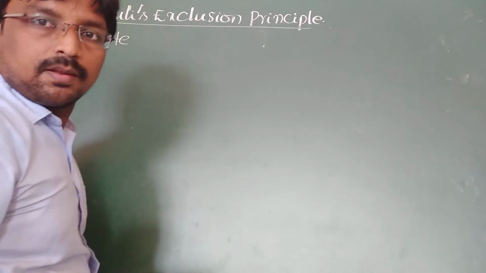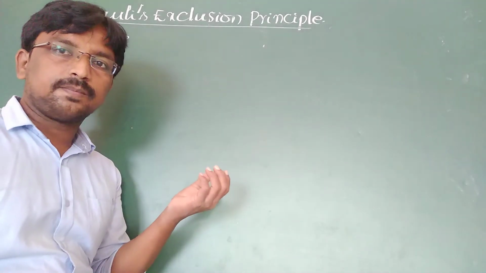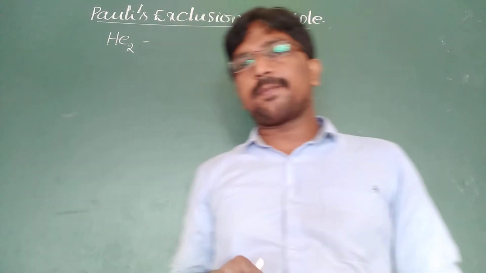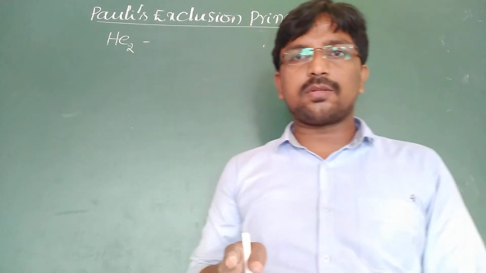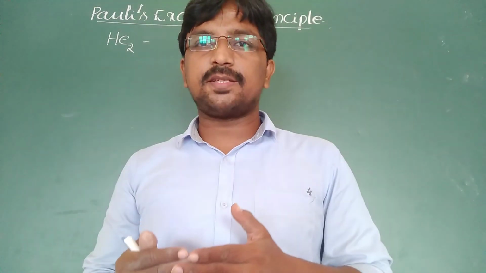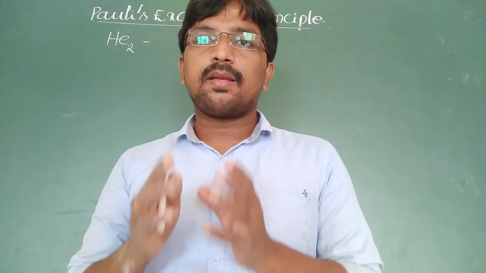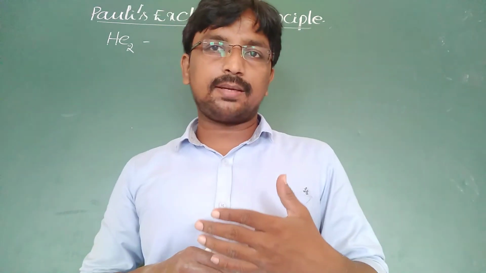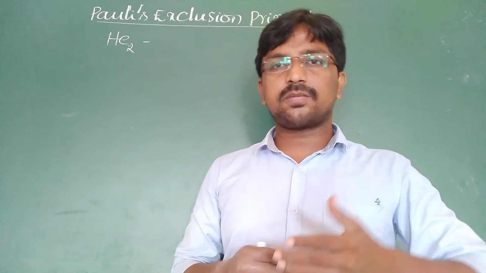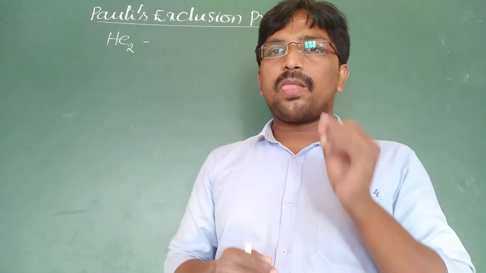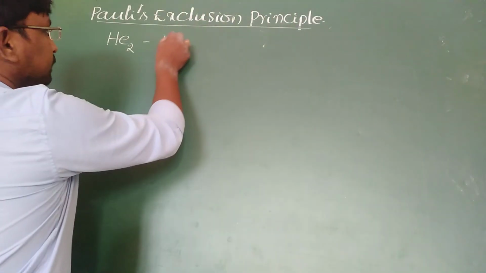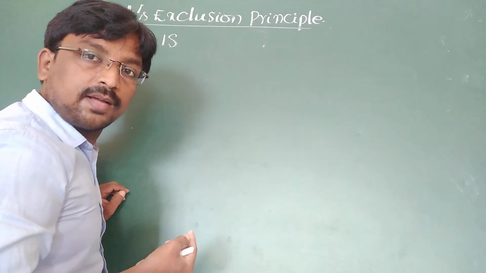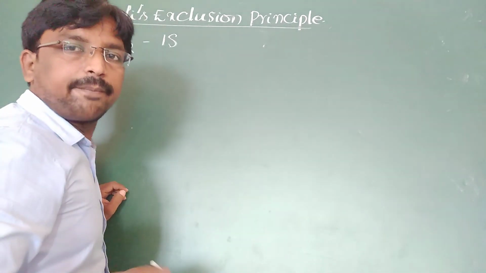Helium. What is the atomic number of helium? 2. So in helium there are two electrons present, and they must be in the first main shell. The first electron enters the 1s orbital, and the second electron also enters the same orbital.